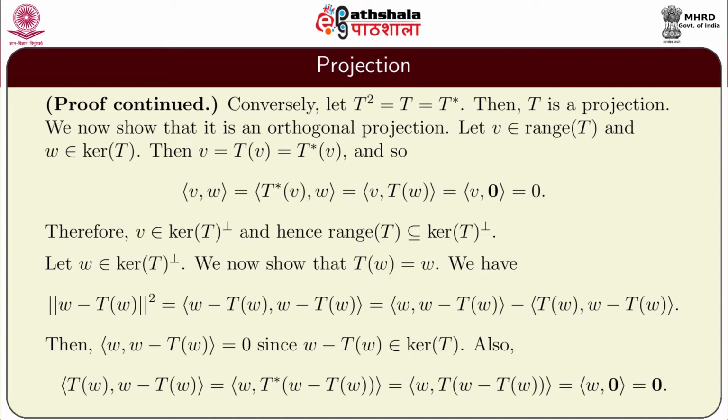Let us now start with a vector w in kernel T perp, and we show that Tw is equal to w, and therefore, w will be in range of T. Now, we have that norm of w minus Tw square is inner product w minus Tw, w minus Tw.